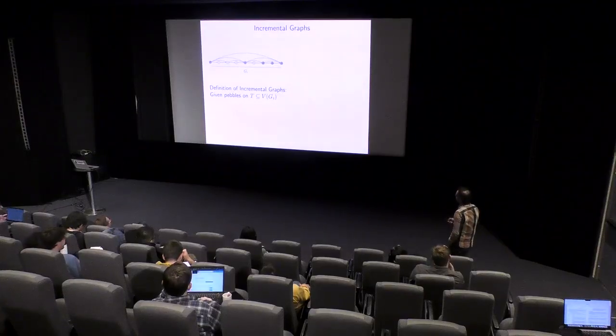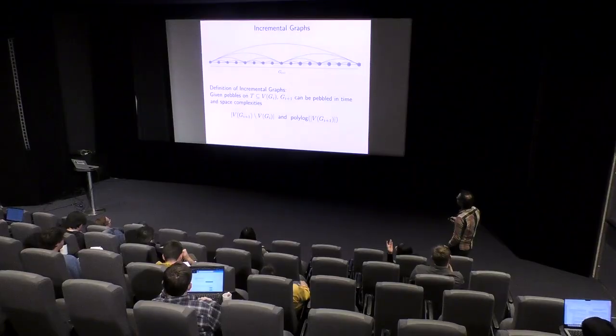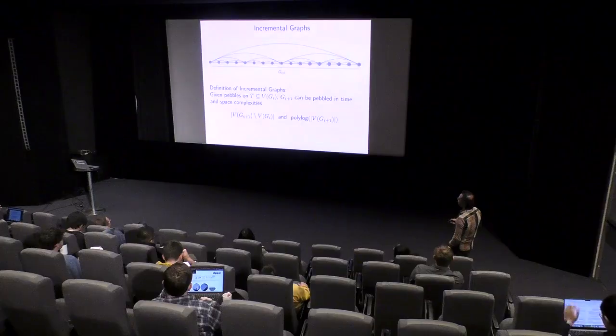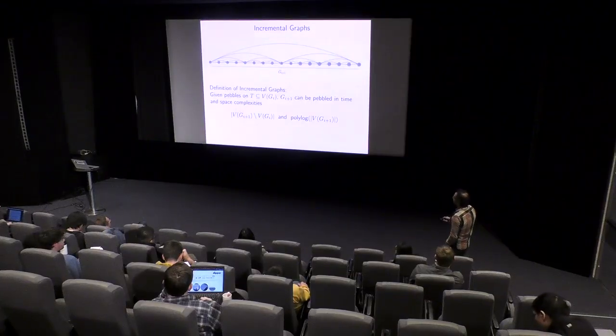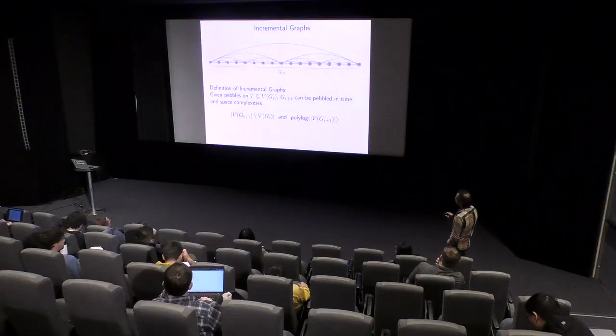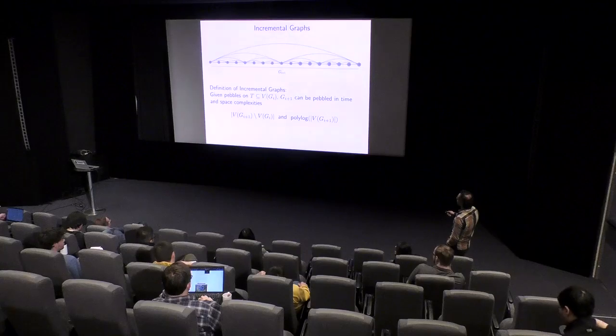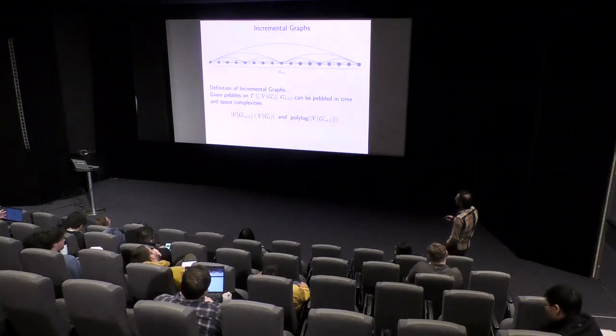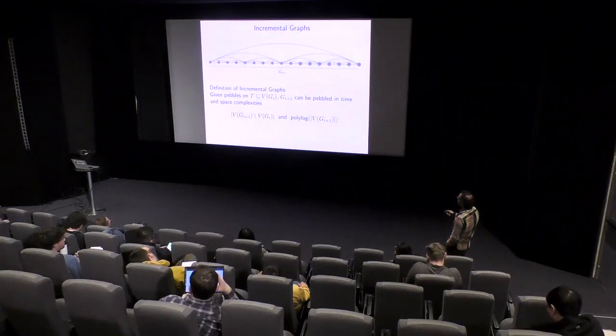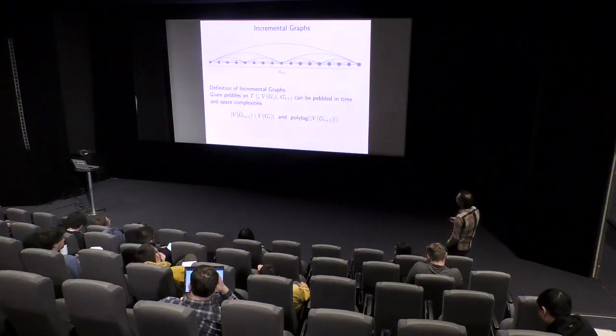Then a graph is incremental if you can bubble Gi plus 1, the entire graph, in these complexities, which I did not formally define. This is the time complexity. This is the time that you need to bubble the entire graph, and you can do it with low space.